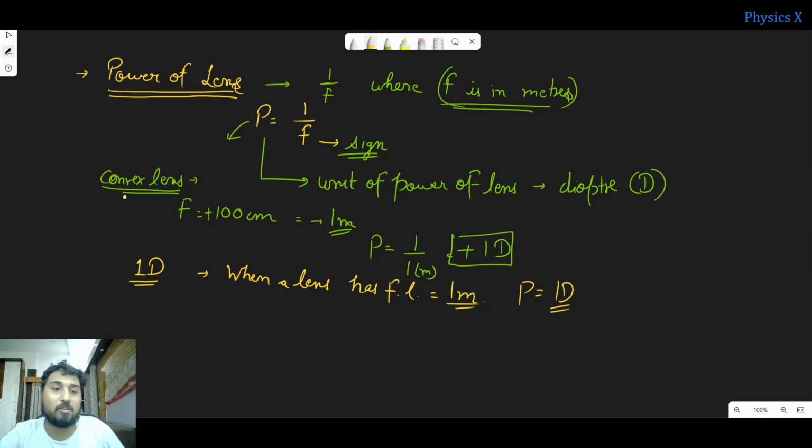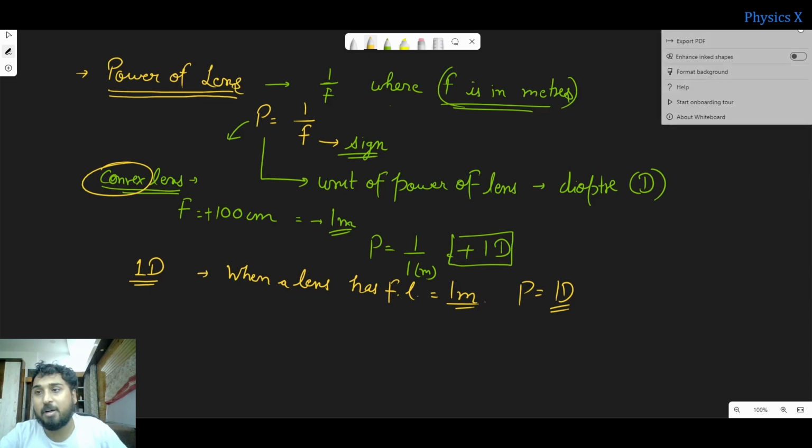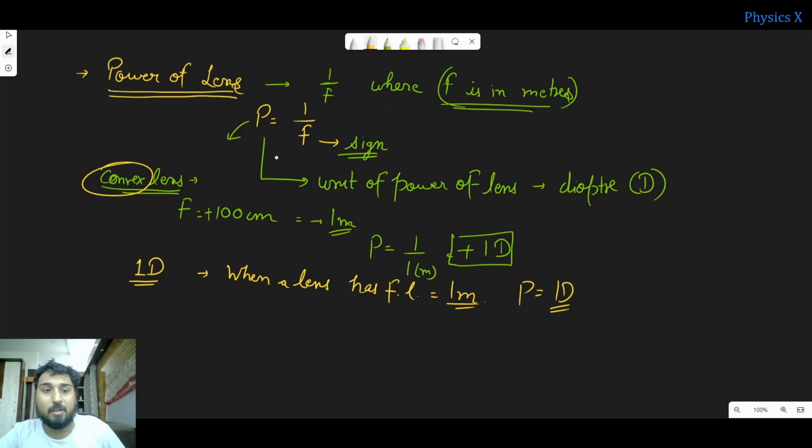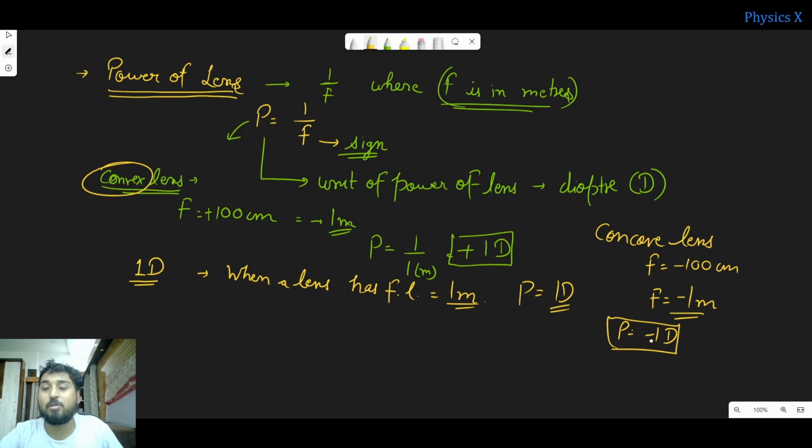Now in case of a concave lens, what would have been the power? The focal length, suppose it was minus 100 centimeter. So f in meter is minus 1 meter. So now the power will be minus 1 diopter, right? So a negative sign is for concave lens. So this is the meaning of the power of lenses.